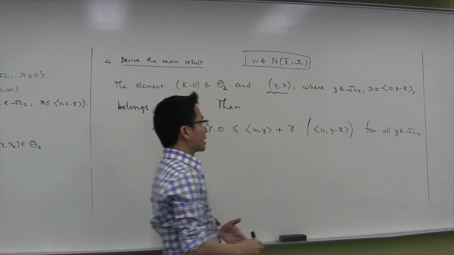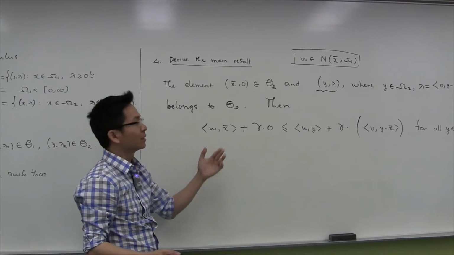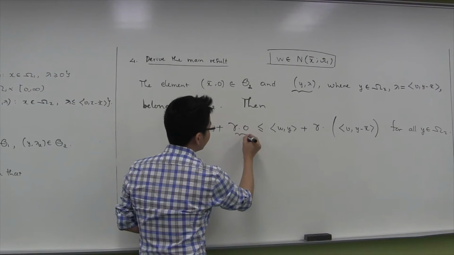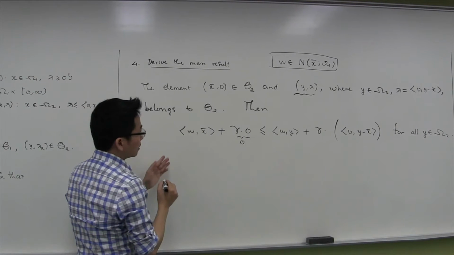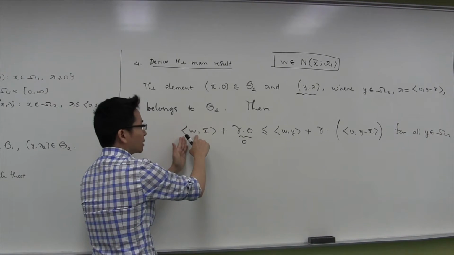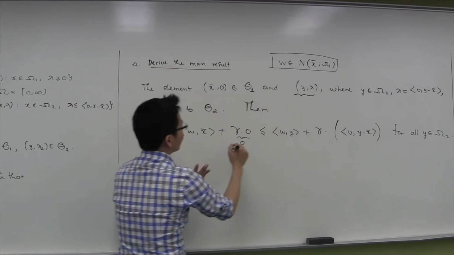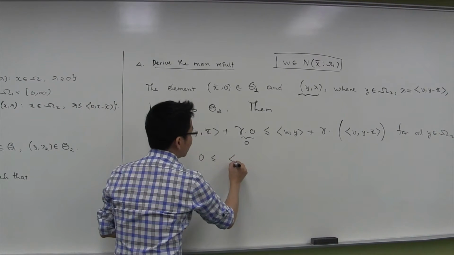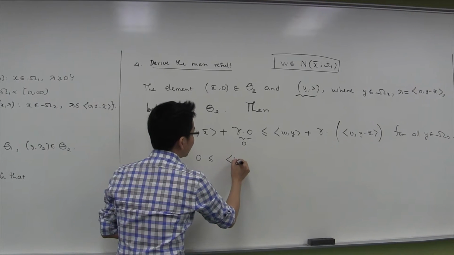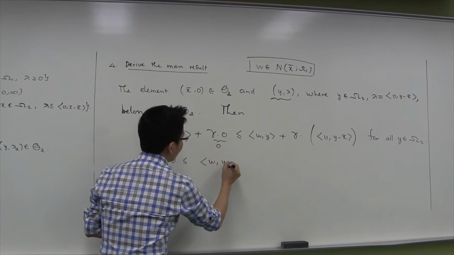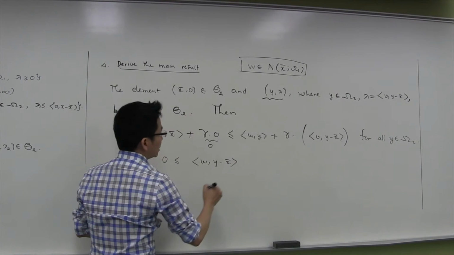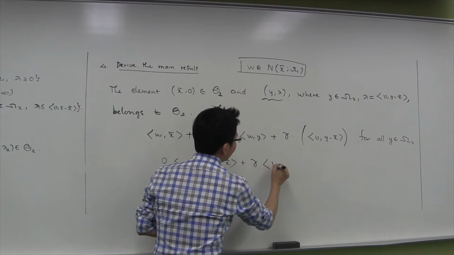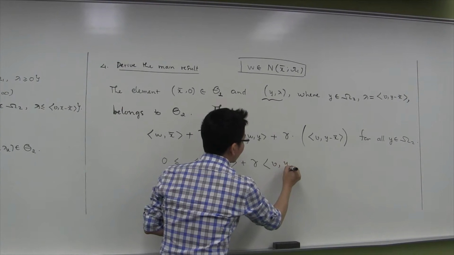Okay, so now I'm going to go ahead and simplify this inequality. So this is just 0. Then, by moving this to the right hand side, we have 0 is less than or equal to the inner product of W and y minus x bar plus gamma times the inner product of v and y minus x bar.